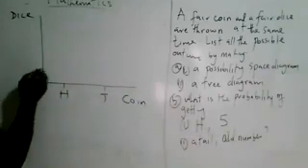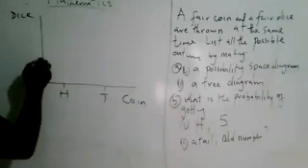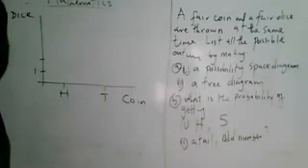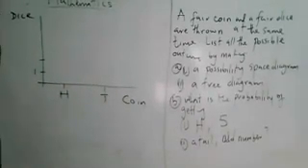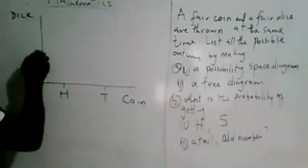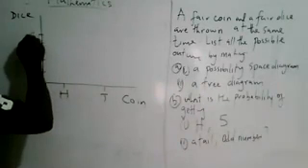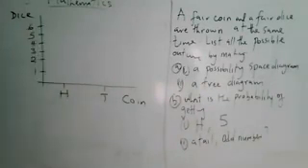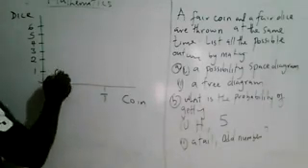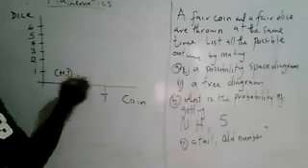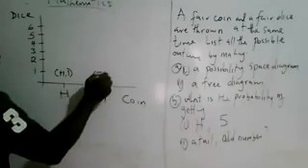Now, what can your die give you? Your die can give you 1, 2, 3, 4, 5, and 6. Meaning that at your first row, it's possible you get head and 1, or tail and 1.